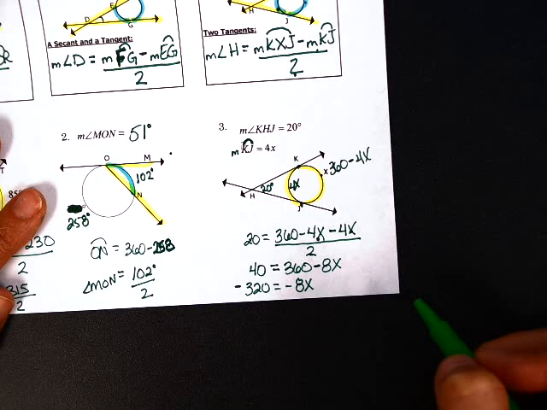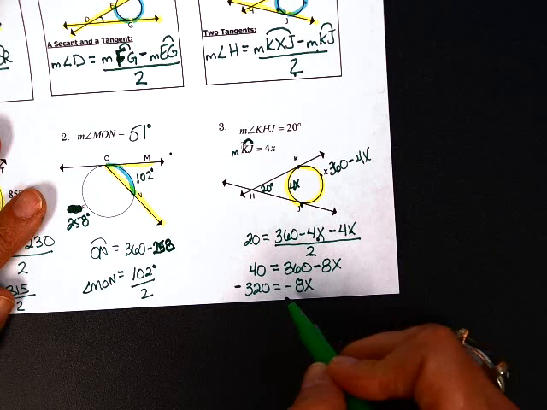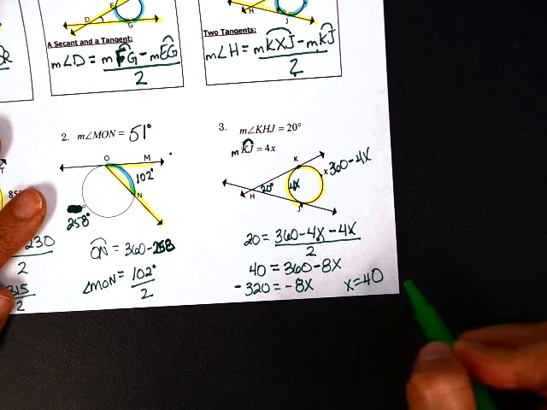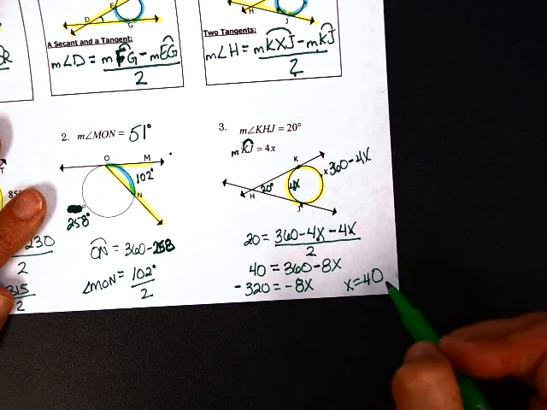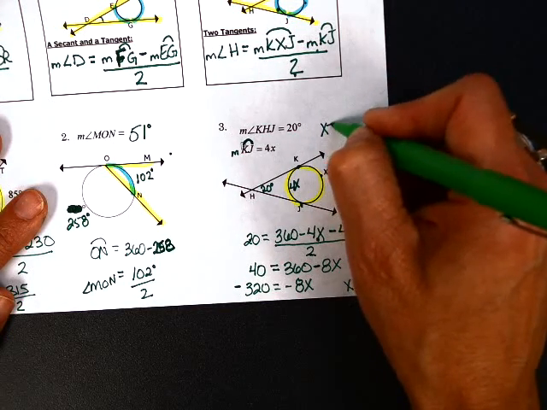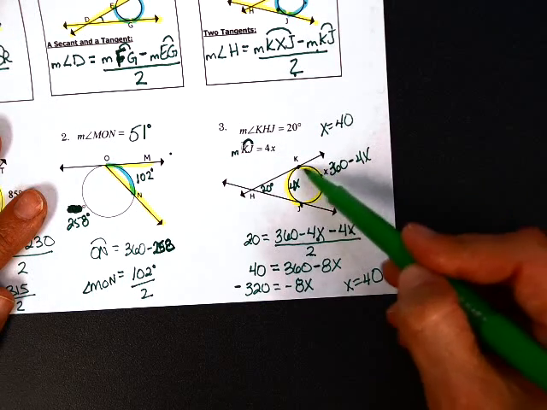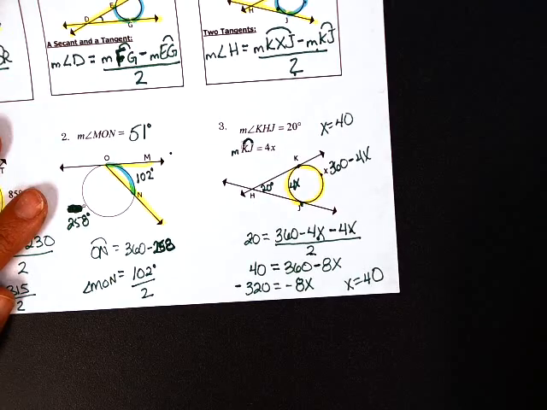So I have a negative 320 equals a negative 8x. When I divide negative 320 by negative 8, I get the answer of 40. So in this situation, if I'm solving for x, x equals 40. Okay, you will see problems like this. That's why I wanted to be sure and do one on the note example page.